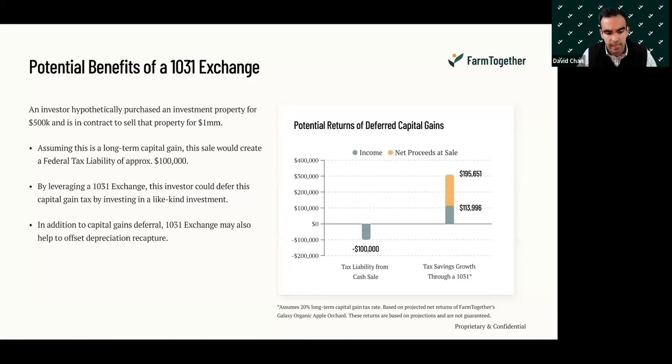So the potential tax savings here are north of $300,000 by leveraging that program, leveraging the tenancy in common investment product and going through a 1031 exchange rather than realizing the potential cash tax of the sale.